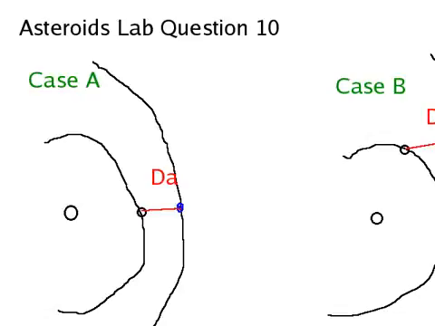And for case A, it's pretty much 3.0. Measuring again from the center, it's about 3.1. Well, let's just go with 3 for now.